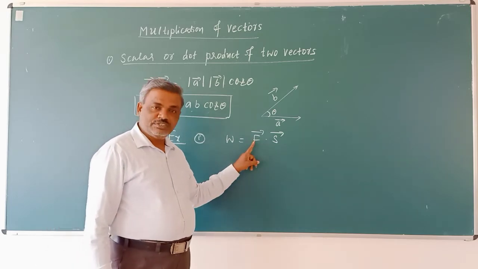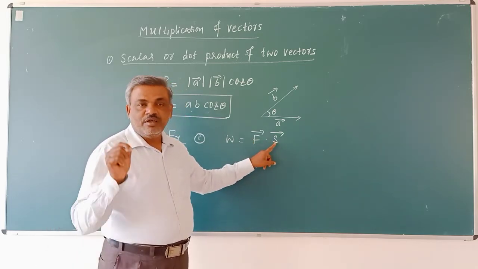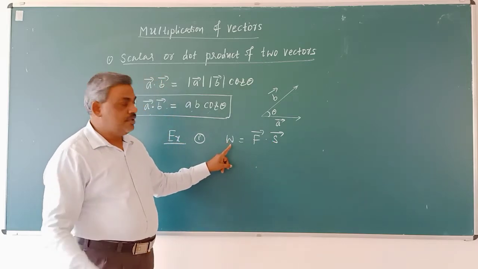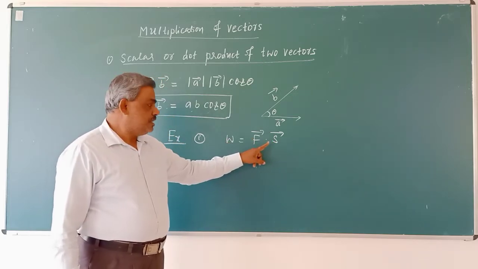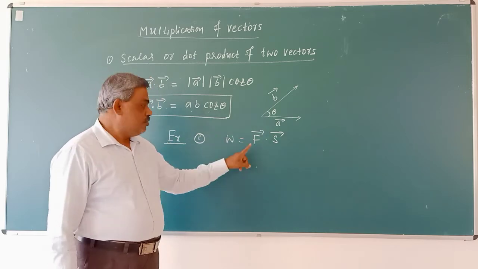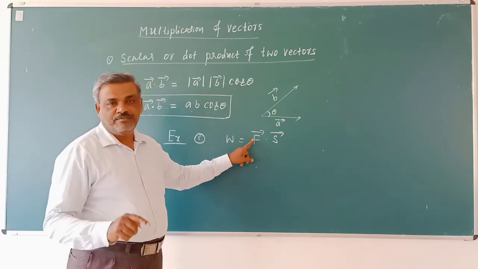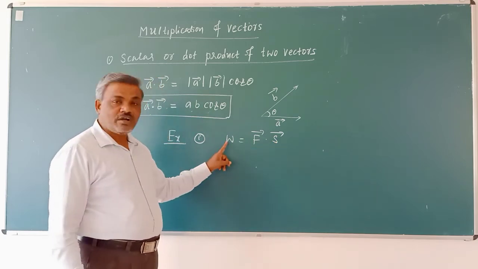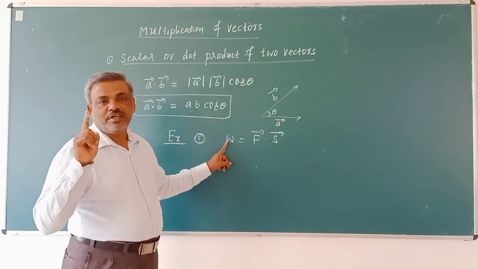Here W is work done, F is force, S is displacement. Force is a vector quantity, displacement is also a vector quantity, but work done is a scalar quantity.